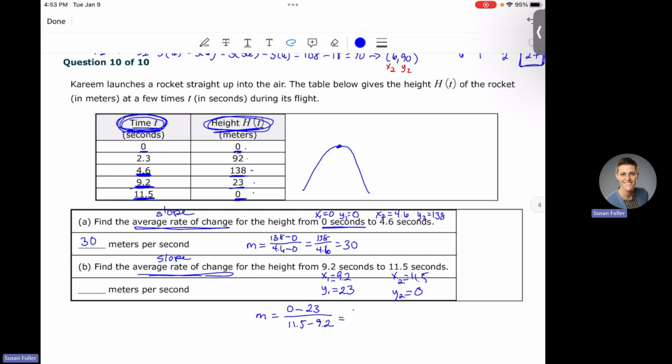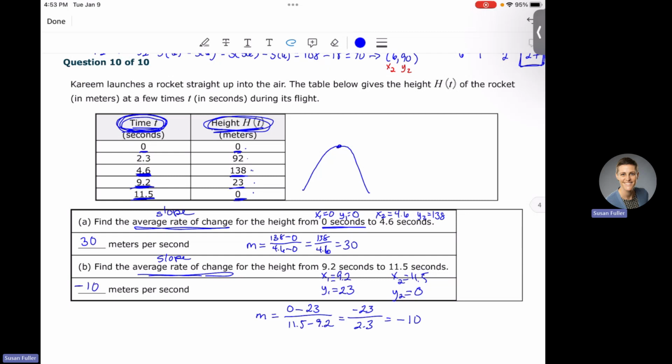So we'll do the subtraction here. We'll get negative 23 divided by 11.5 minus 9.2, which is 2.3. And we're going to get negative 10. So overall, the slope is negative 10 meters per second.